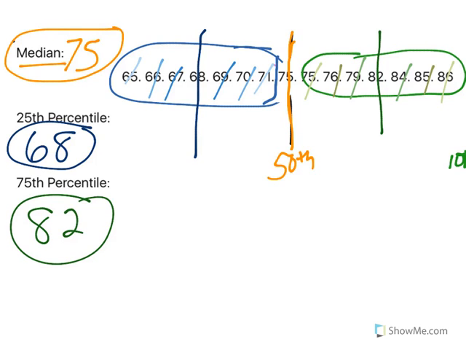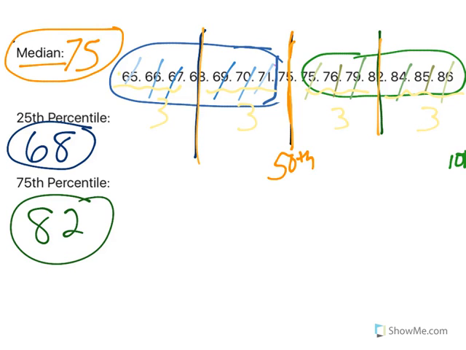Notice between my vertical lines here, there are 3 numbers here, 3 numbers here, 3 numbers here, and 3 numbers here. That will always be true when you do the median, 25th, and 75th percentile, because it splits it up into 4 equal parts.